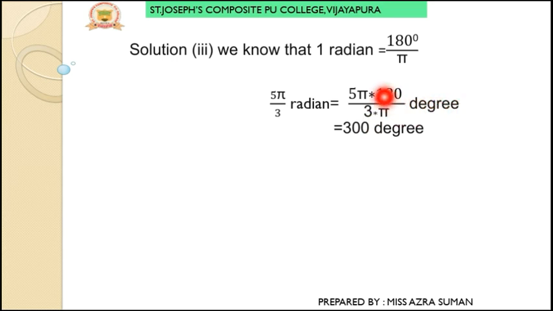Again, the numerator pi and denominator pi get cancelled, and on simplifying you will get 300 degree. Hence, the required value for 5 pi by 3 radian is equal to 300 degree, which is the required answer.